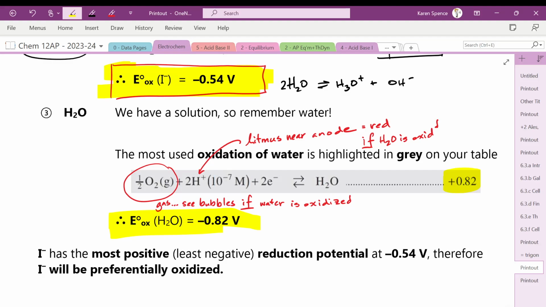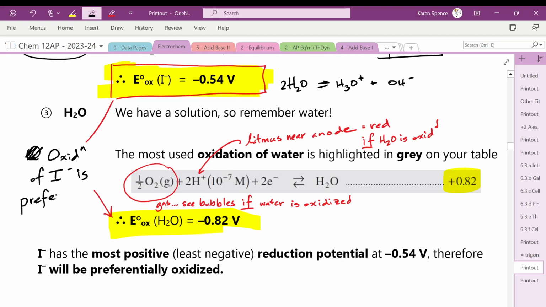So who is favored? Iodide. So the oxidation of I- is the preferred half reaction. Is that good?